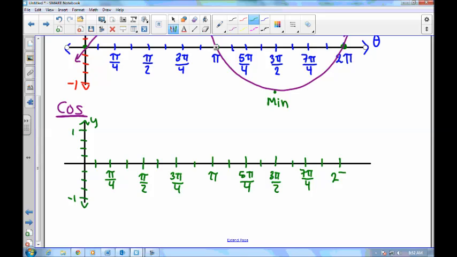All the way to 2 pi. And then label it theta with arrows. The horizontal axis is theta.